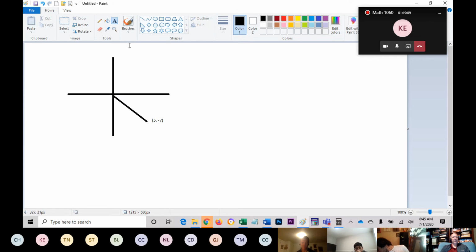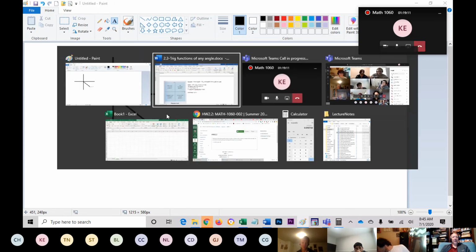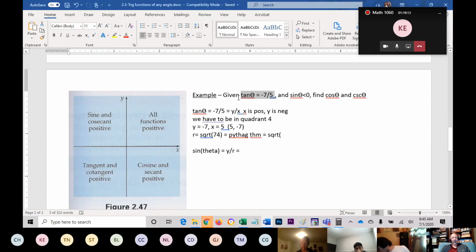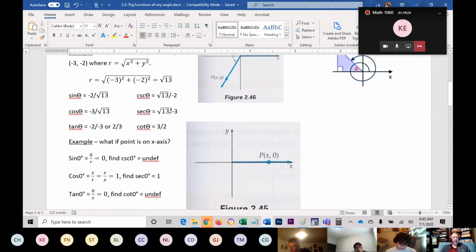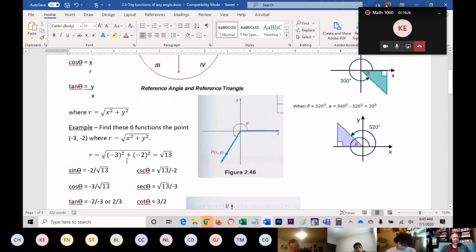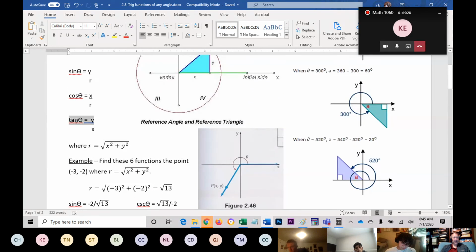So essentially, here's what we've got. We said the tangent is -7/5. Based on this previously, the tangent is y/x, right?